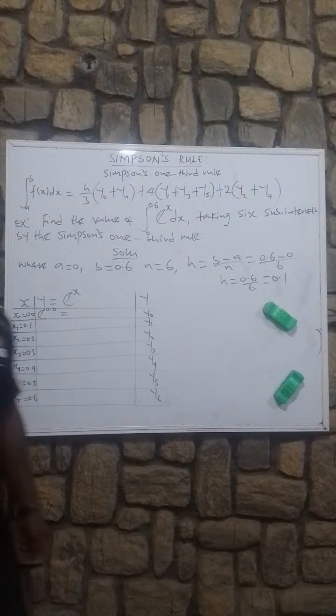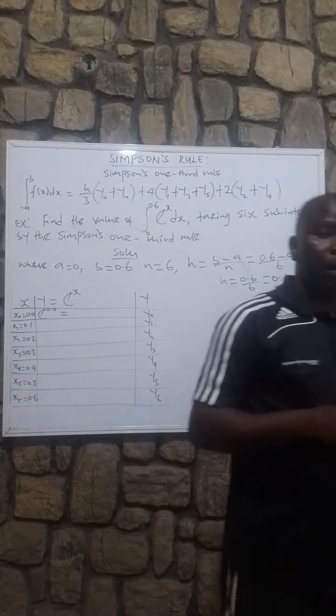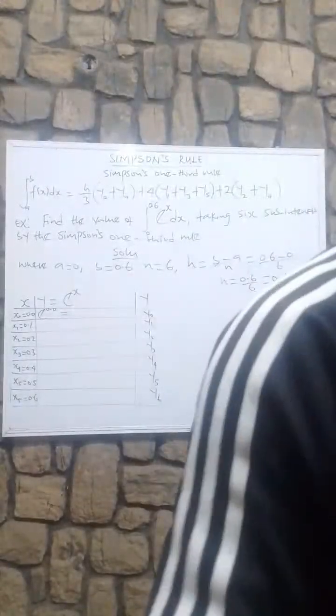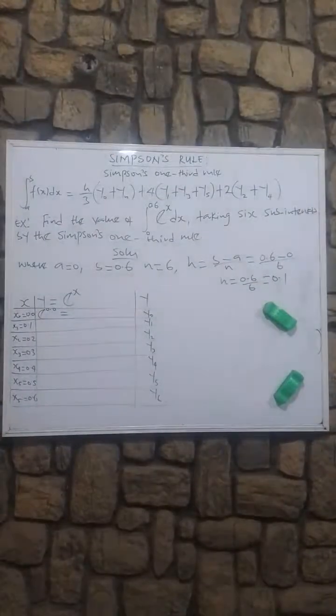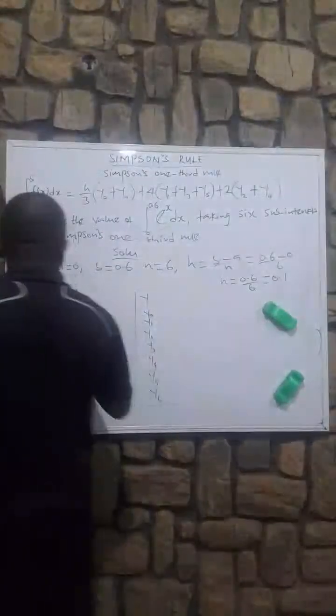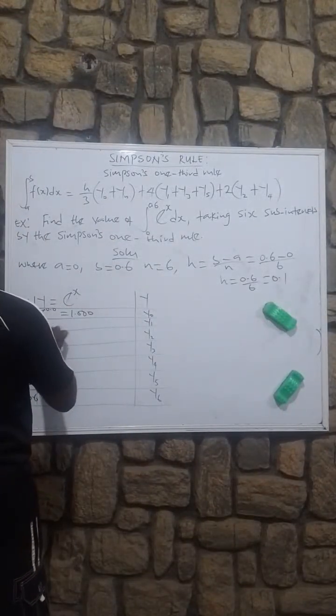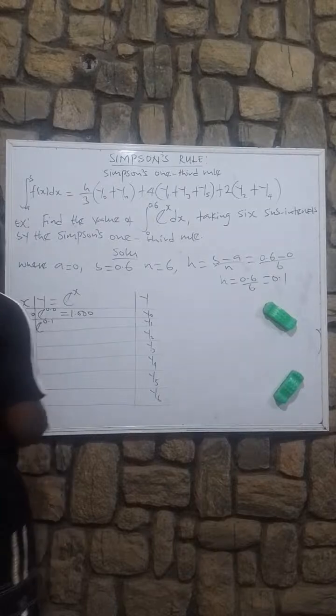What is exponential 0.0? 1.00, right? Your calculator, press it. Then what is exponential 0.1?